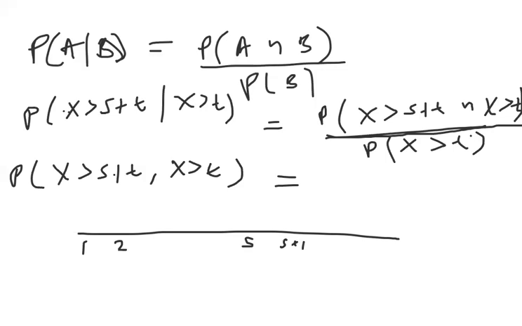This is s plus t. If I'm looking at X greater than s plus t, it will start from this point. So all values from this part represent X greater than s plus t. And let's look at X greater than t.